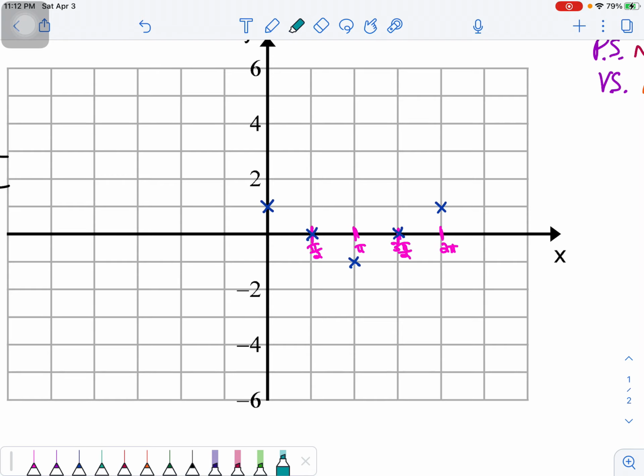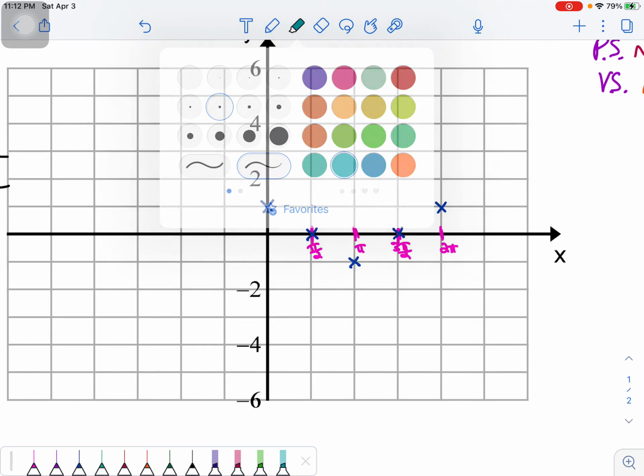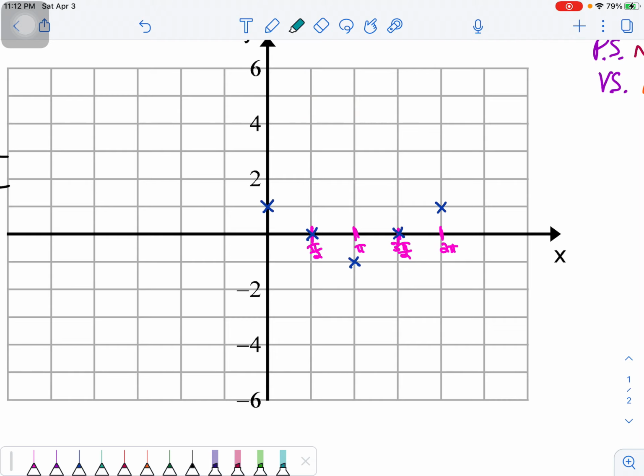Now, we're going to do the exact same process. Any place that cosine has a critical value on the midline, you are going to have a vertical asymptote. I just wanted to thin out that line a little bit. There we go. Okay, so there are my 2 vertical asymptotes for this particular graph for the period. Your cosine curve and your secant curve will share the minimums and the maximums.